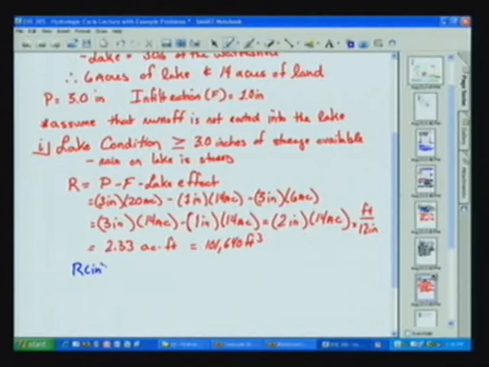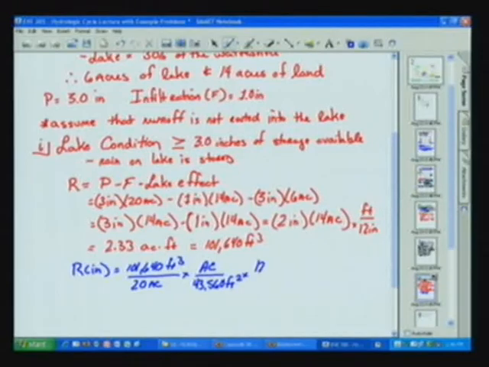Okay. But we also wanted to calculate the runoff in inches from that 20-acre watershed. Okay, and this is where the use of inches can become difficult for you. If we have 101,640 cubic feet, and we have a 20-acre watershed, and there's an acre in every 43,560 square feet, and 12 inches in every foot.